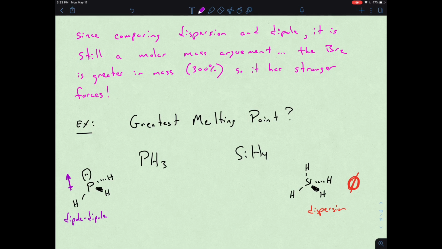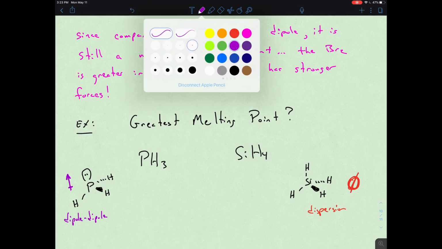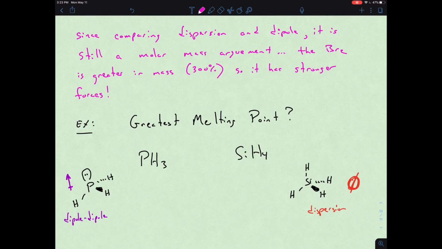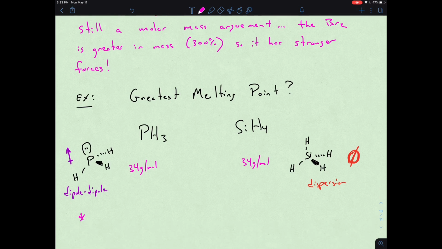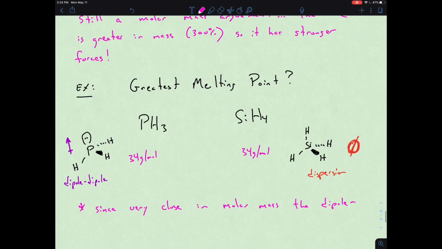If we calculate the molar masses, we find that these are pretty much identical. And so since they're very close in molar mass, the dipole is stronger.